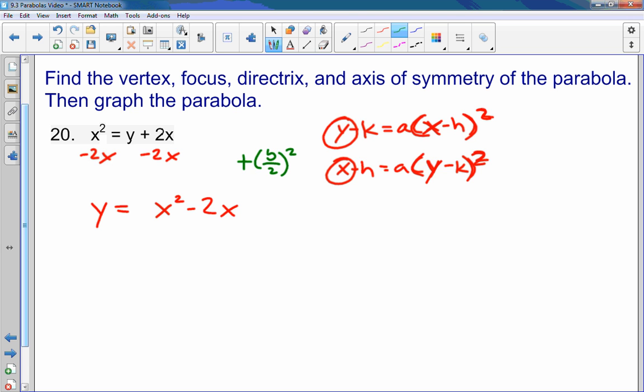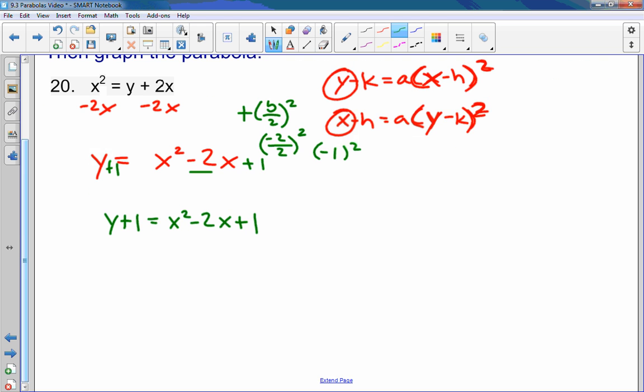So I take -2, I divide it by 2, I get -1, and -1 squared is 1. So I add 1 to both sides of the equal sign. y plus 1 is equal to x squared minus 2x plus 1. Now, I'm one step away. Now all I have to do is factor. So x squared minus 2x plus 1, I end up getting (x minus 1) squared.